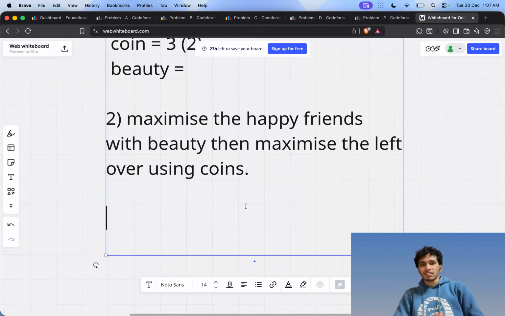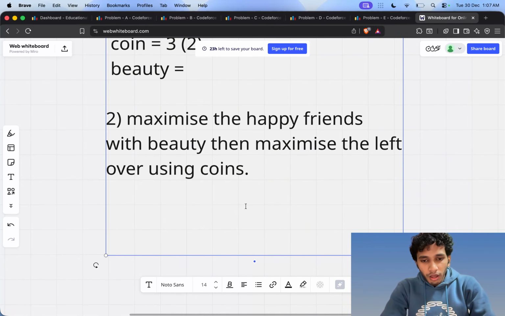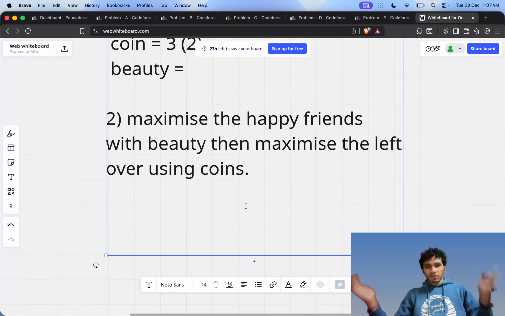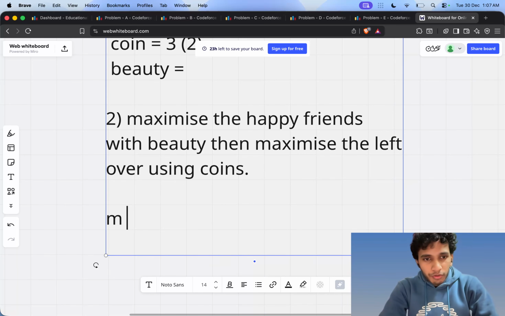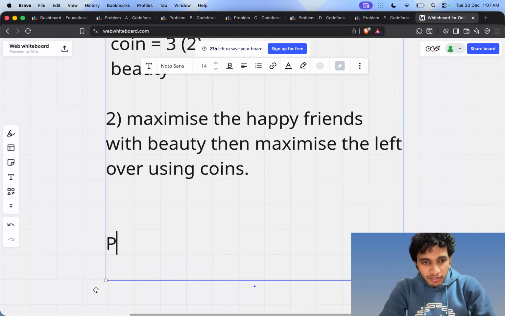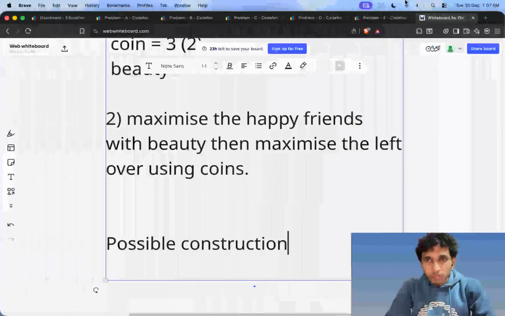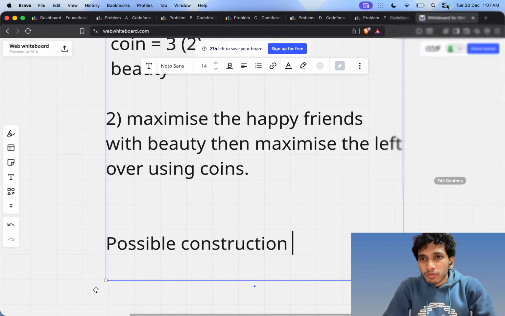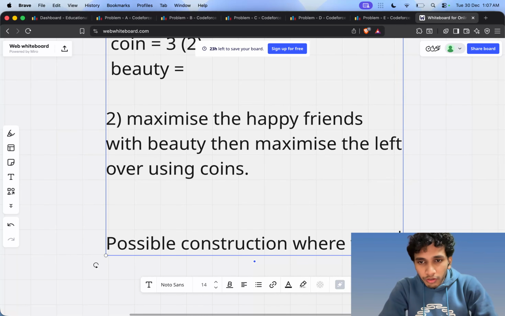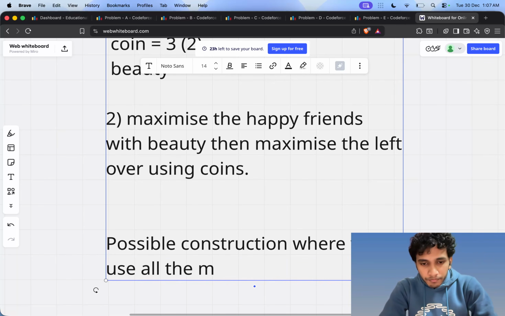Okay, so let's say we had a possible construction where we use all the m beauty boxes.